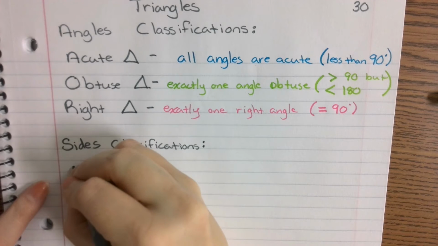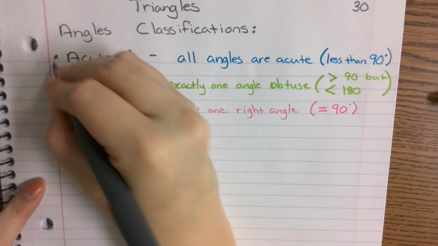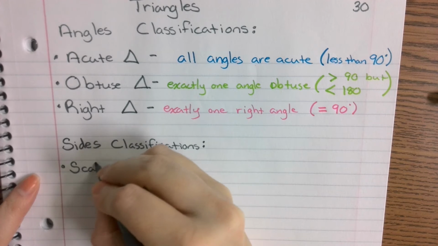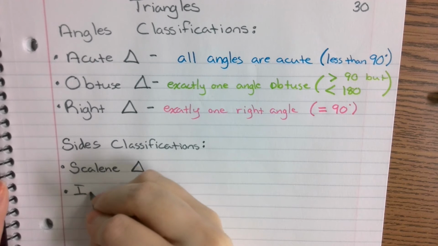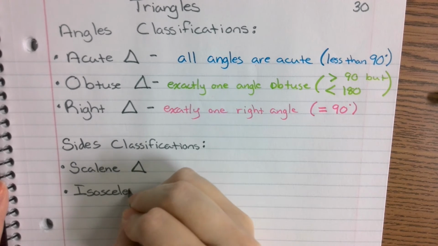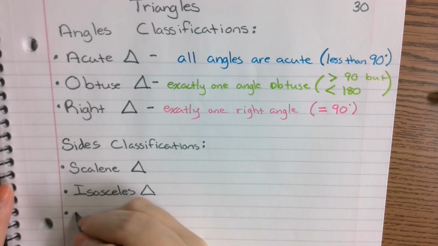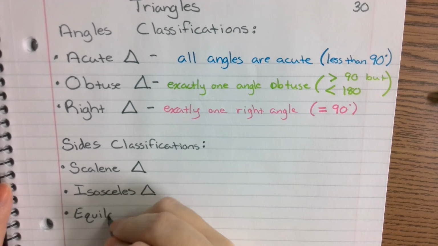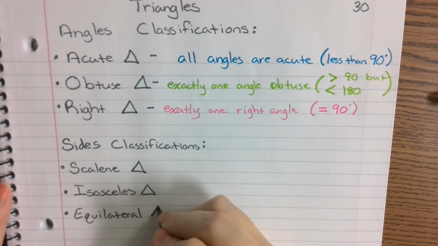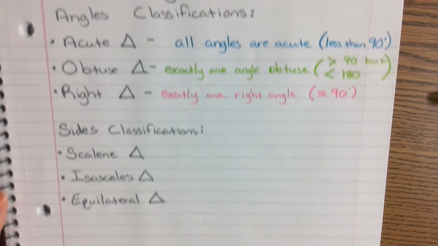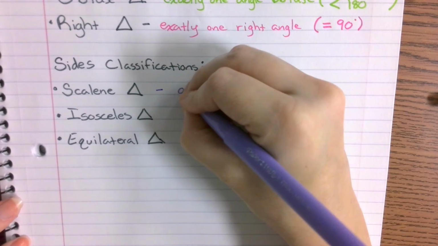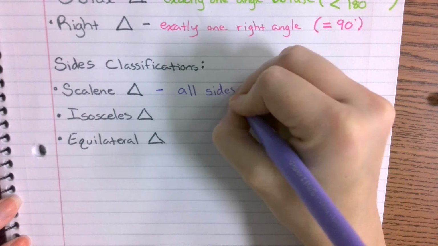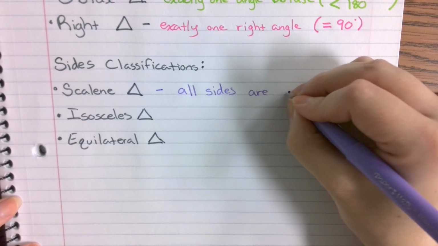With our sides classification, we have three types. We have scalene, we have isosceles, and we have equilateral. For a scalene triangle, all sides are different measurements.